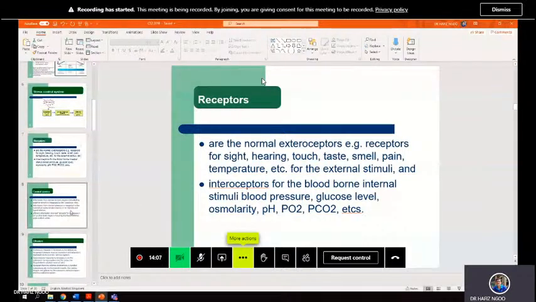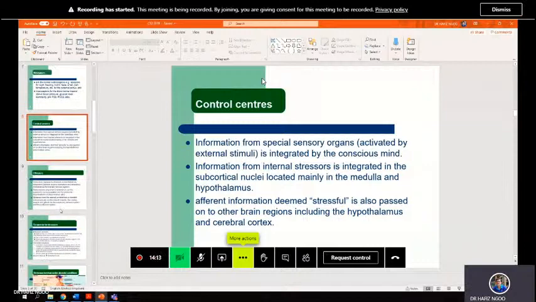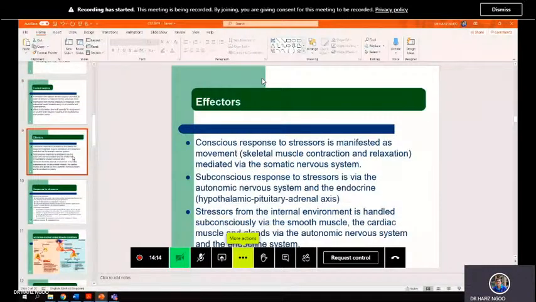We already mentioned that, so I'm just going to go through faster. The control center I already mentioned, so it's already been discussed. And then the effectors. The effectors are basically your skeletal muscle response. That is the main effector that you respond to.